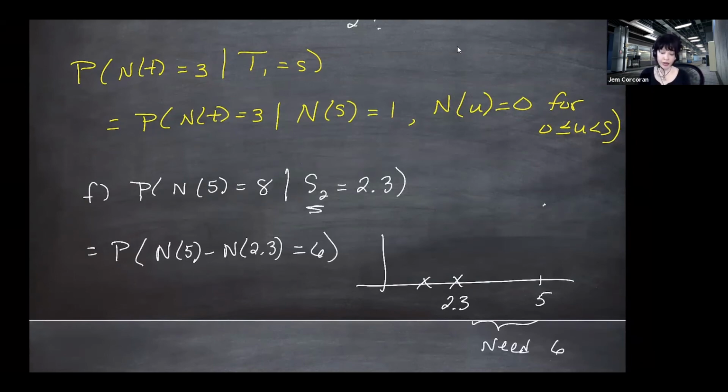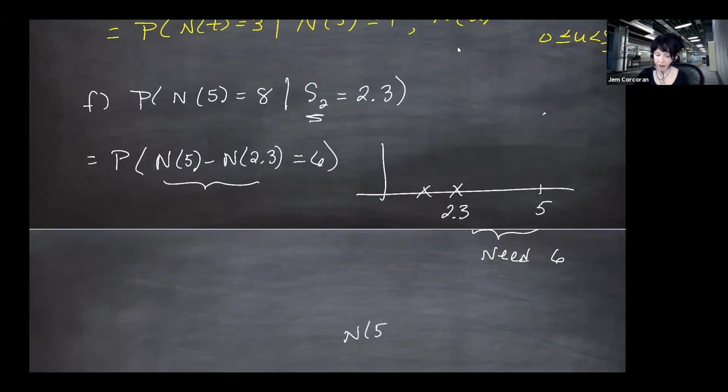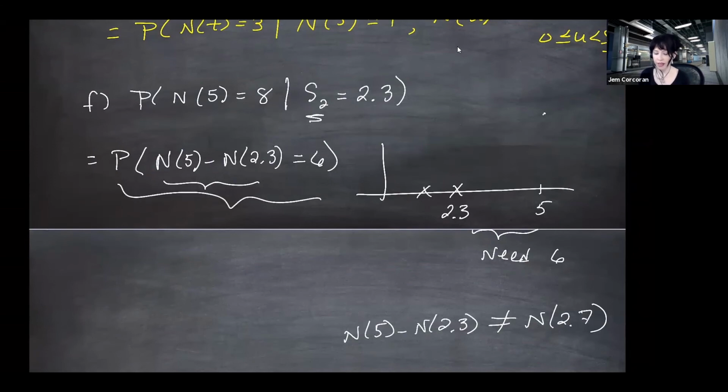And you could use stationarity to write this as, let's see, what's that, a difference of 2.7? So you could call this N of 2.7. And again, N of 5 minus N of 2.3 is not equal to N of 2.7, but they are the same in distribution. They act the same as random variables. So I could rewrite this in terms of N of 2.7, but I won't.